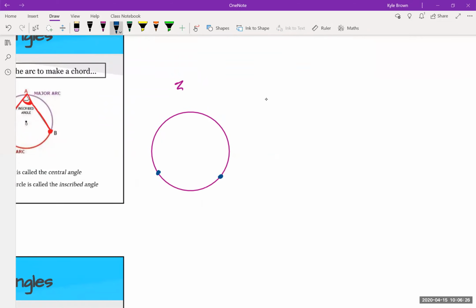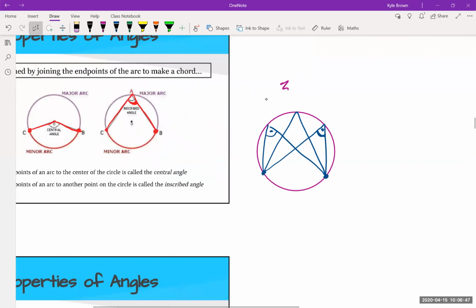You could make the inscribed angle from there to there. That would be the inscribed angle, but it would also be considered the inscribed angle if I went from, let's say, there to there. So there's tons of different ways it could be, anything along the outside of the circle.